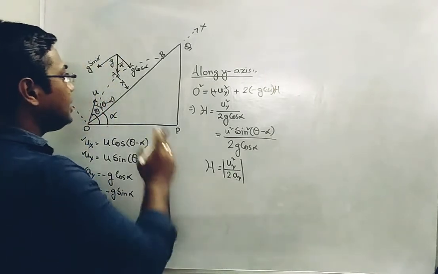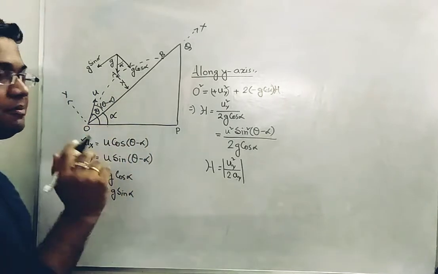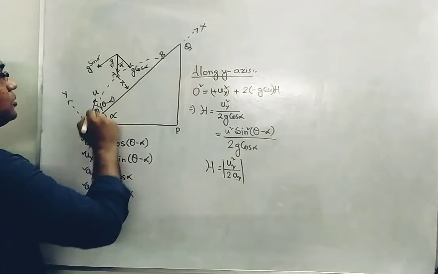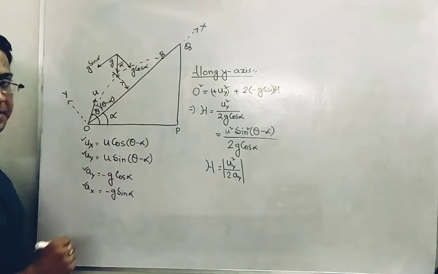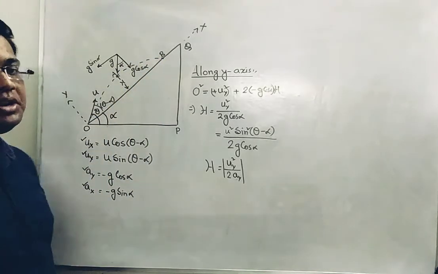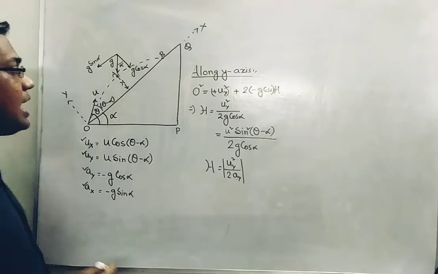If I want to calculate the total time of flight, the time taken by the particle to go from O to A and then A to B, we have to write the equation along the y-axis.